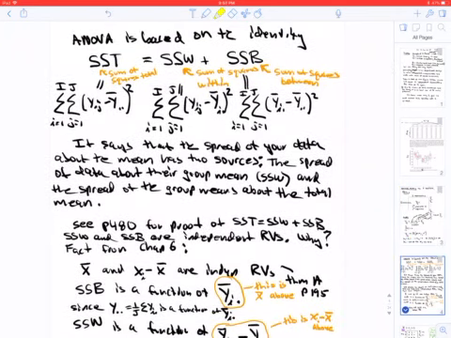So ANOVA is based on the identity that the sum of squares total is the sum of squares within plus the sum of squares between. What this says is that you can think of the sum of squares total as the spread of values from the overall mean.